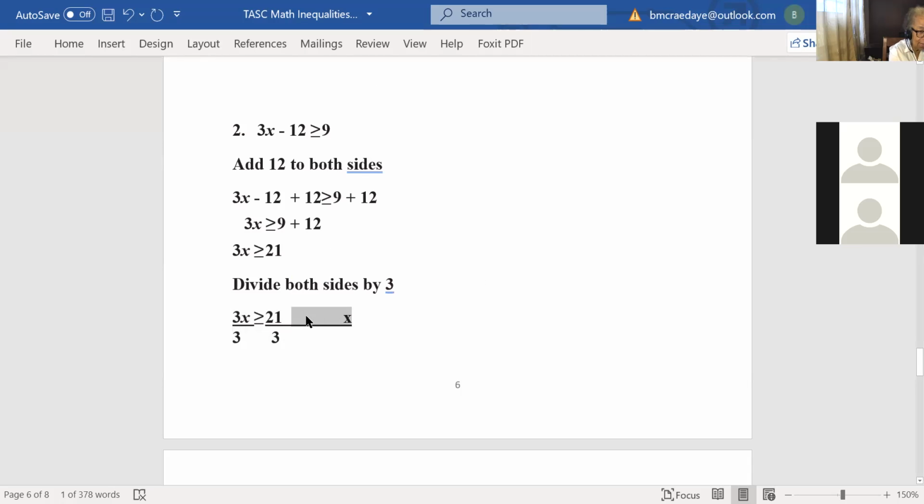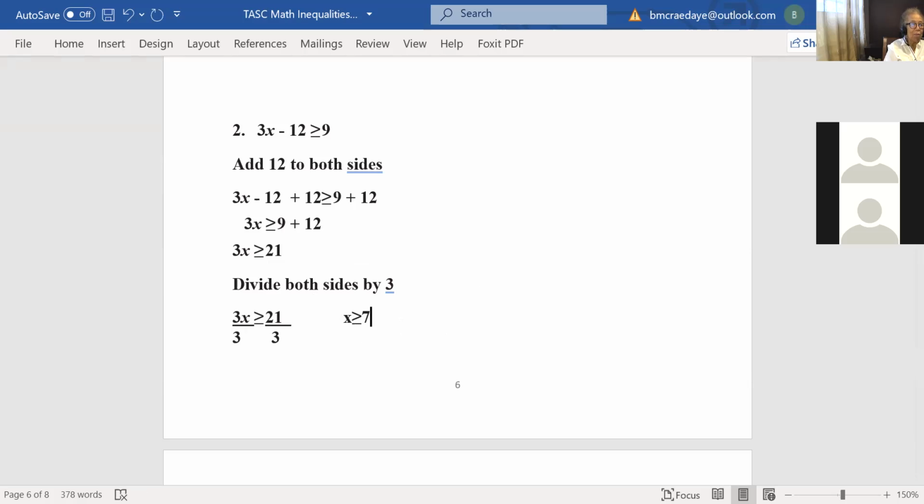Okay, let's just take the underline out. So that would be x, and then the greater than, what's 21 divided by 3, Maureen? 21 divided by 3 is what? 7. That's right.